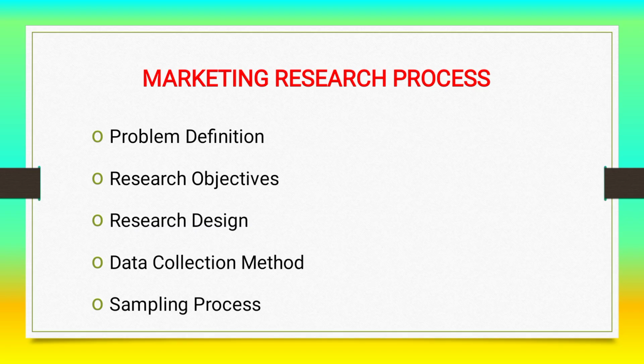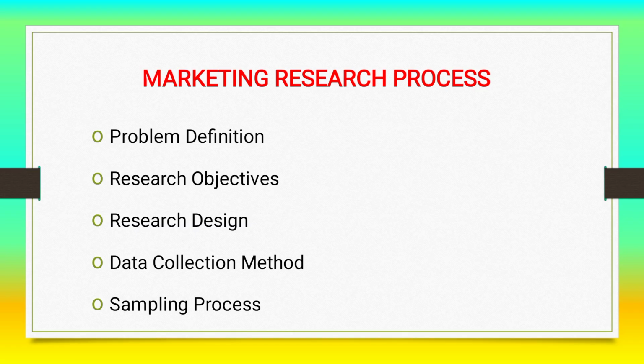Now we'll see the marketing process or the steps one by one. First, we'll start with problem definition. The first step is to clearly define the problem or opportunity that requires research.